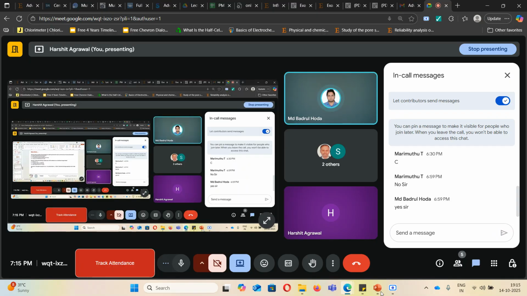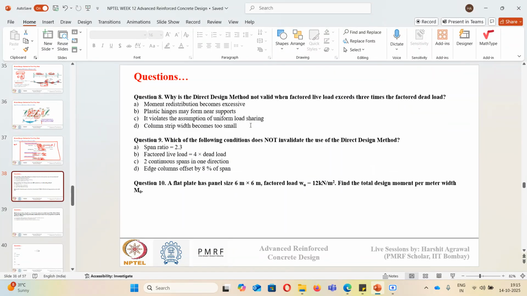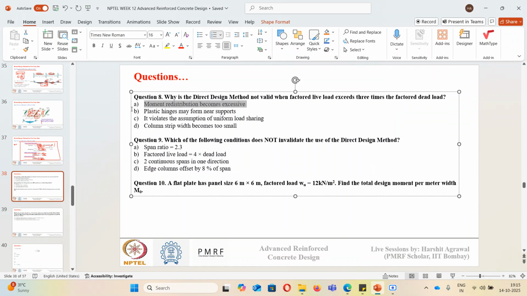Maybe C, it violates the assumption. No, there is nothing like that. The correct answer is A. The code says that when live load is more than three times the dead load, the total moment acting on the slab is very high, and for such high moment, the direct design method is not efficient. That is the simple reason the code gives, and you can remember that.